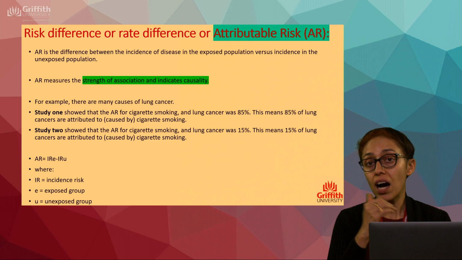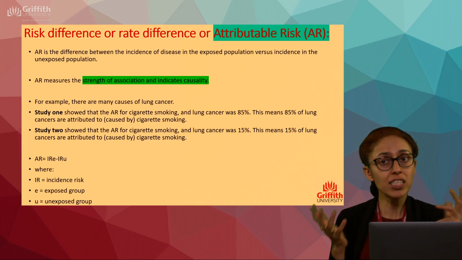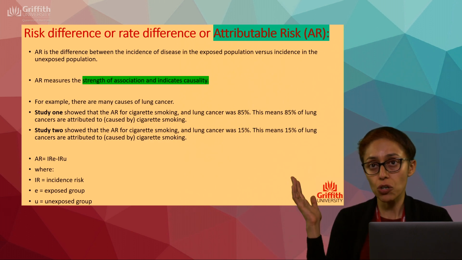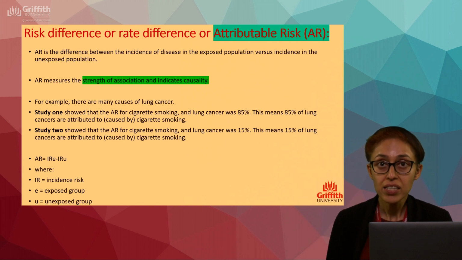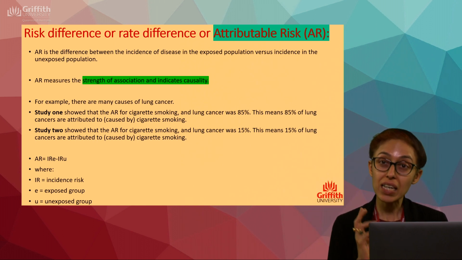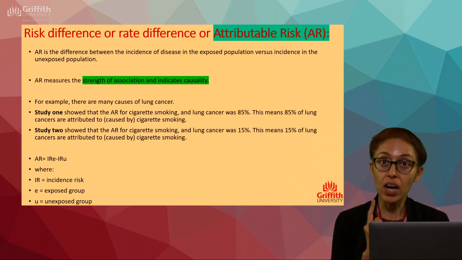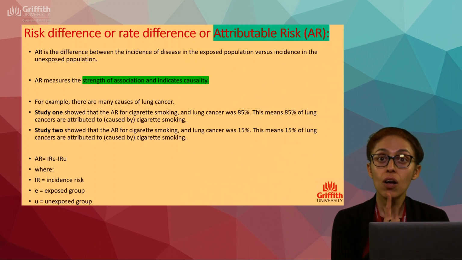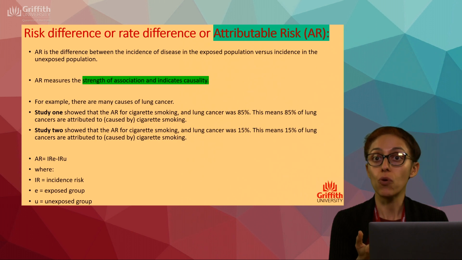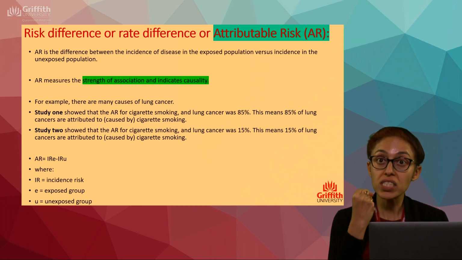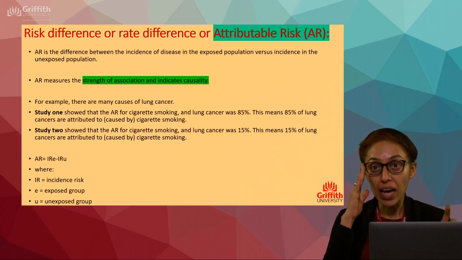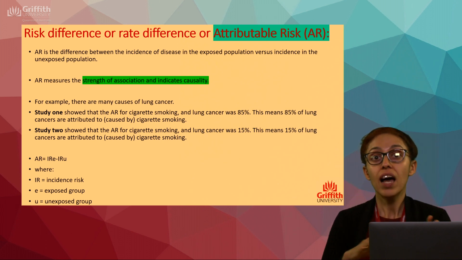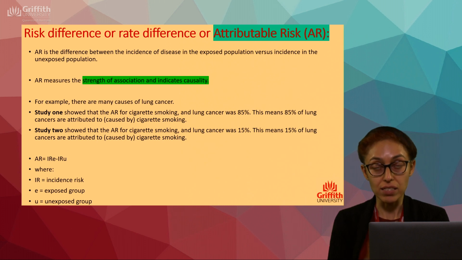Okay, the other percentage could be explained by something else. Lung cancer could be because of something else, environmental pollutants, who knows. Okay, genetics, whatnot. All right, but 85% of lung cancer in study 1 was because of cigarette smoking. Okay, so it shows you the strength of the association between your IV and your DV, your IV being cigarette smoking and the DV being lung cancer.